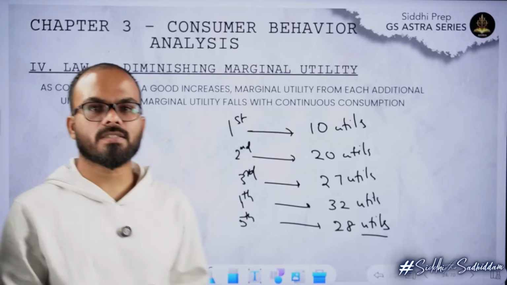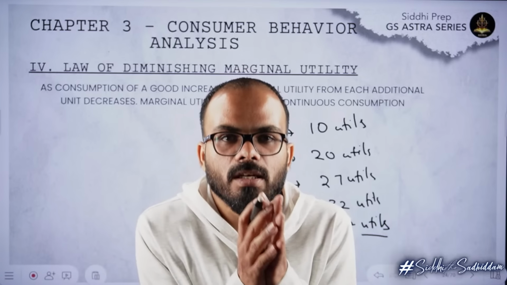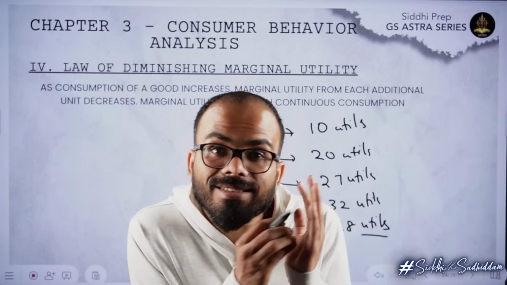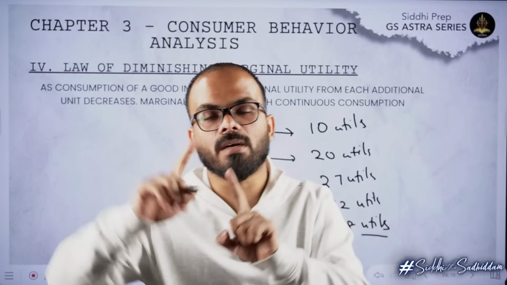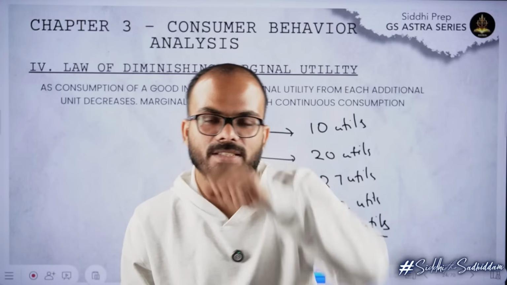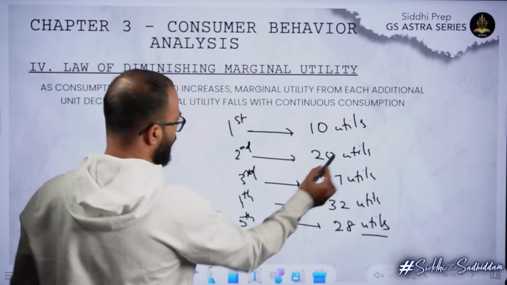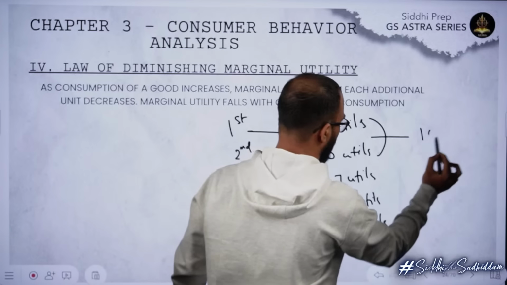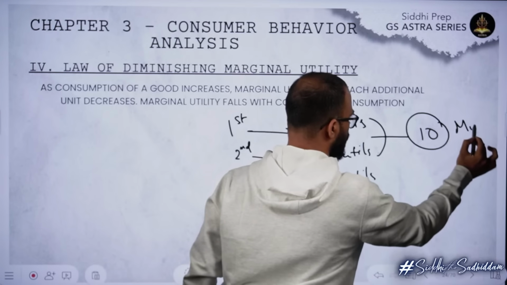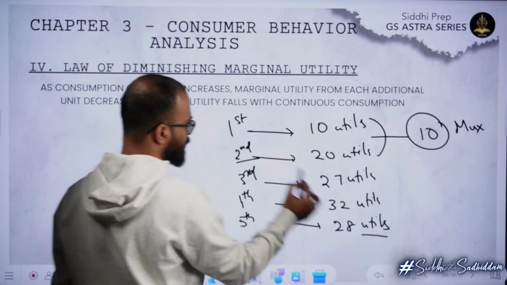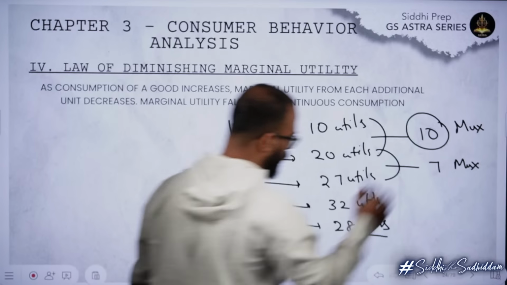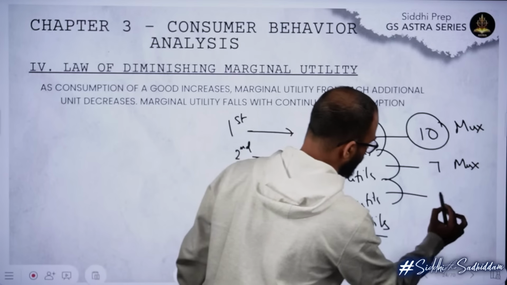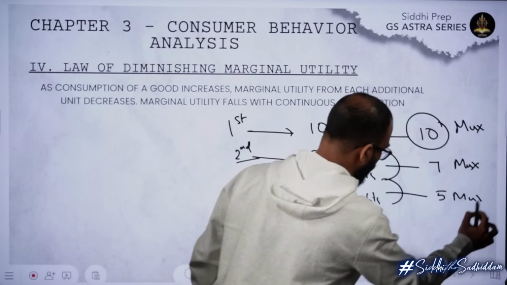So what is marginal utility? Marginal utility is the extra satisfaction that you get after consuming one more product. First versus second, what is the extra that is there? Extra is 10. This is called marginal utility. What is extra here? Extra is 7. This is again marginal utility. Extra here is 5. This is marginal utility.